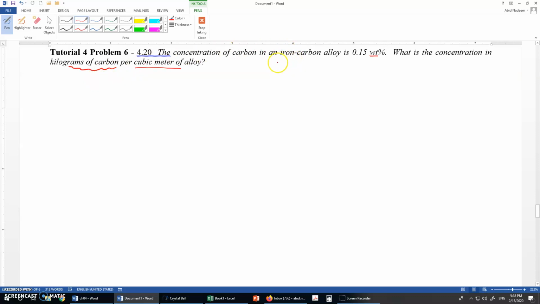Okay, so we know that carbon is 0.15% by weight. Percent by weight.